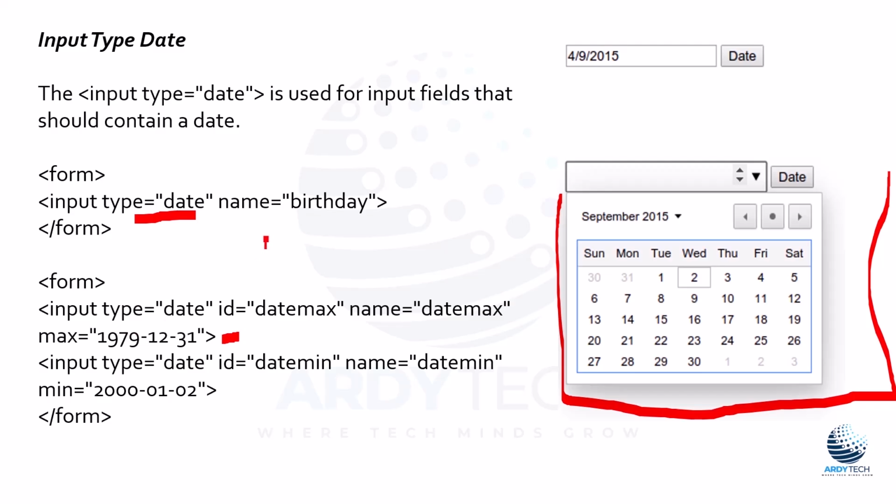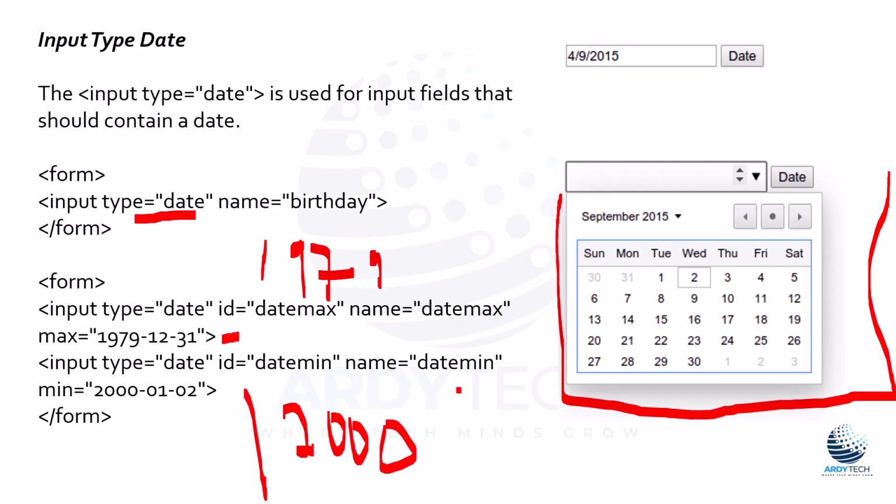So 1979 is the maximum year that the user will see on this calendar. Whereas the minimum here is 2000. So 2000 is the year that the user will see as the minimum year set for this calendar.